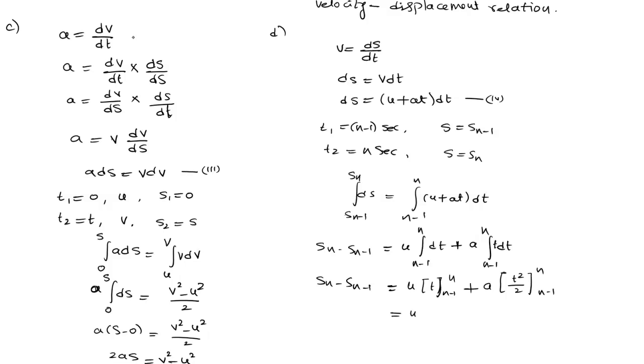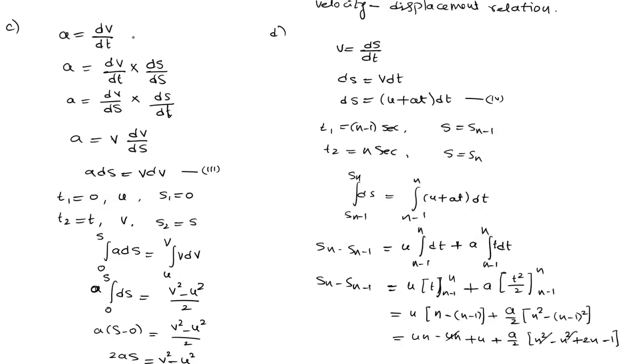Therefore, u into n minus of n minus 1, that means upper limit minus lower limit, plus a by 2 is common, into n square minus of (n minus 1) whole square. So that is equal to u plus a by 2 into n square minus n square plus 2n minus 1.